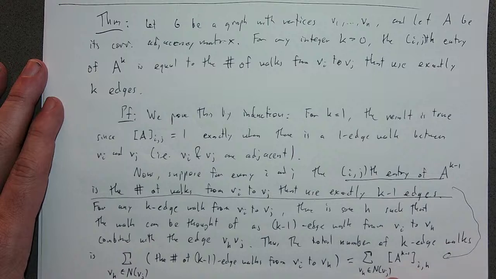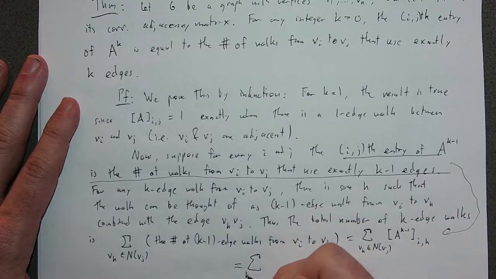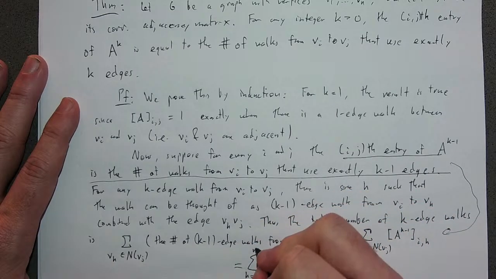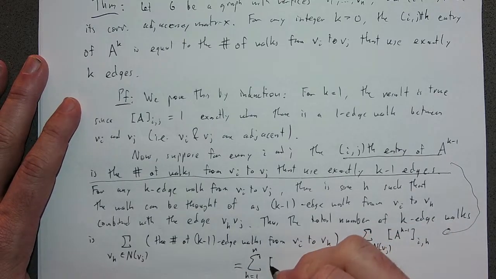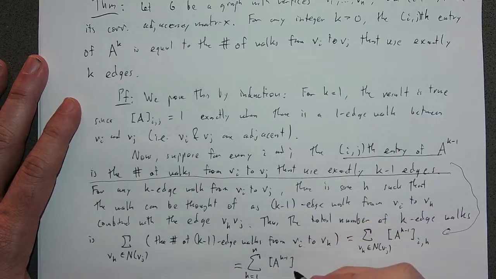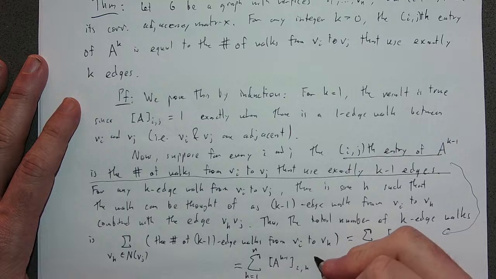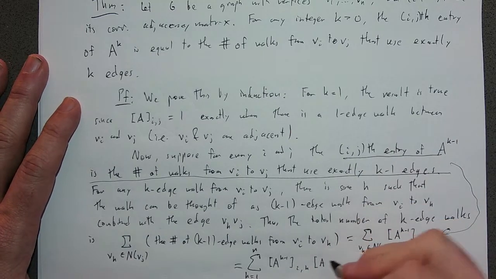So this may be a little bit confusing at first to see why these are equal, but I can rewrite this sum as the sum where h is from 1 to n of the ith entry of a to the k minus 1 times the hjth entry of a.